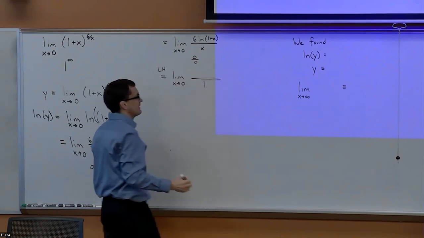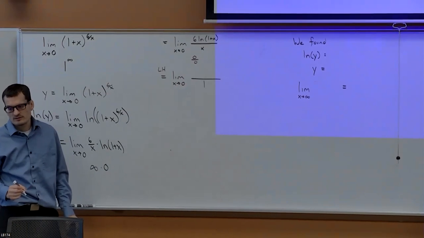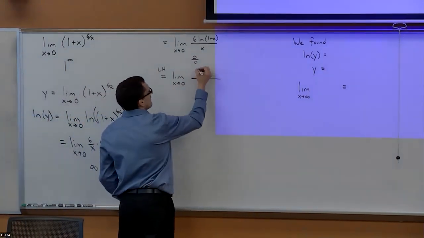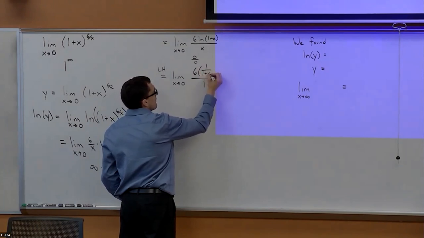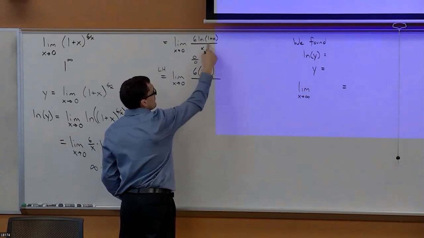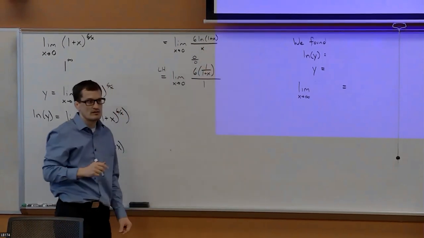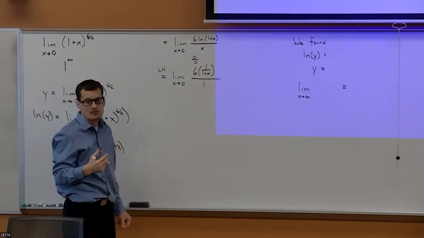Derivative of the denominator is really easy, just 1. Derivative of the numerator is going to be, well, we have the 6 times 1 over the argument times the derivative of what's inside the argument. Derivative of what's inside the argument is just a 1, right? Derivative of x is 1.